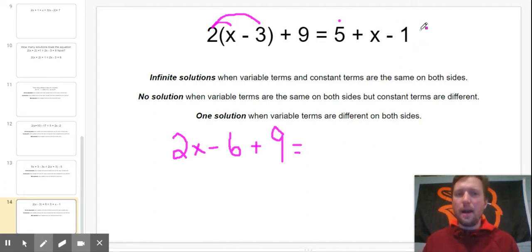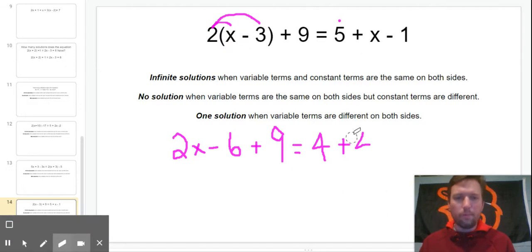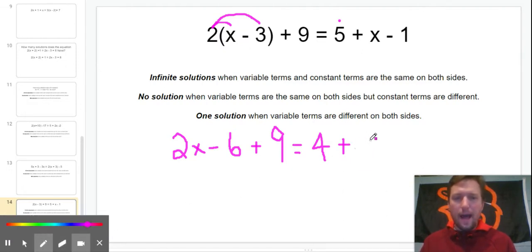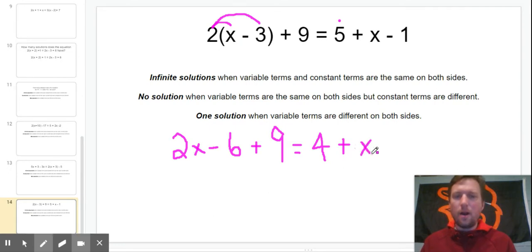So 5 minus 1, or plus negative 1, is going to give us 4. So now I have 4 plus x.